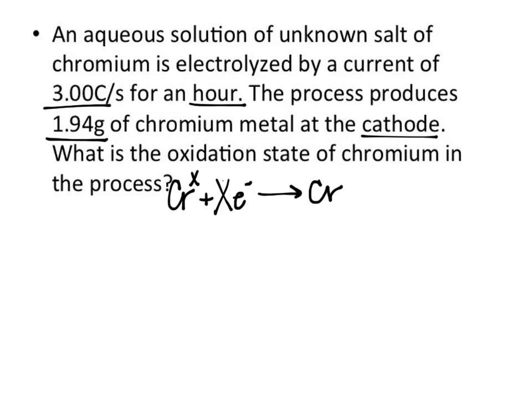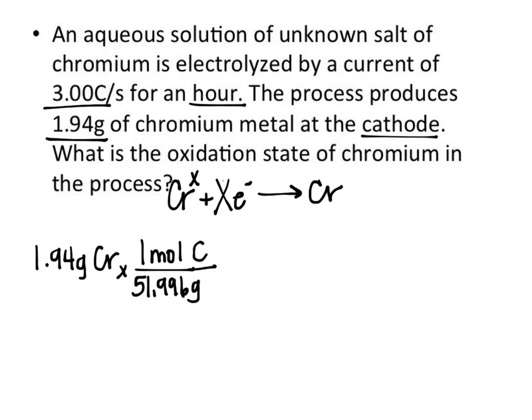So we want to know, first of all, how many moles of chromium did we make? So we had 1.94 grams of chromium, and for every 1 mole of chromium, we have 51.996 grams.